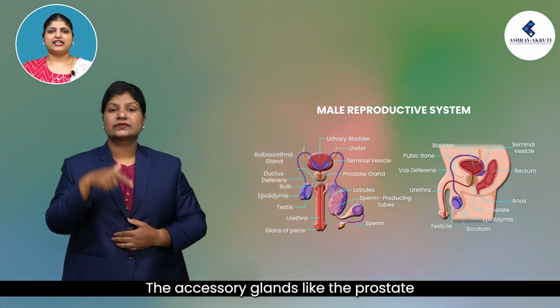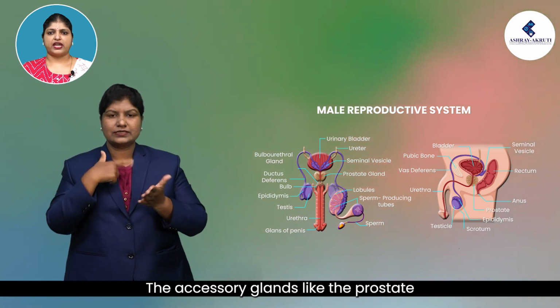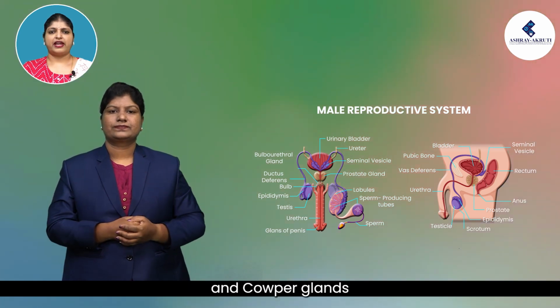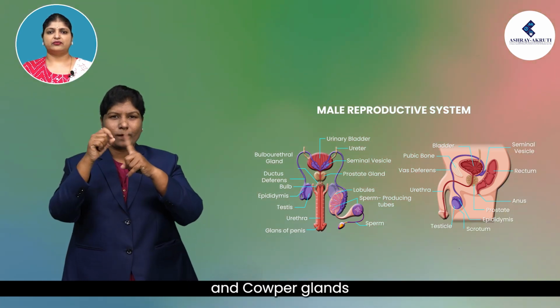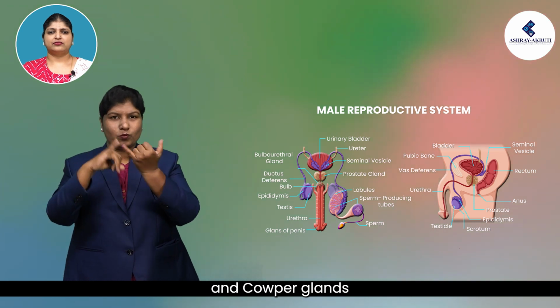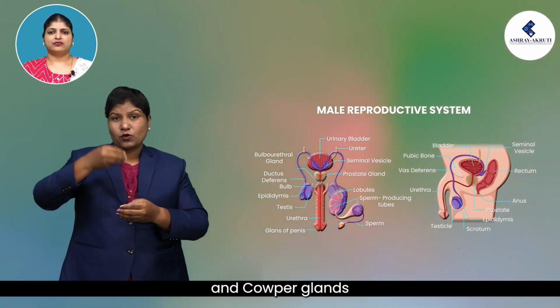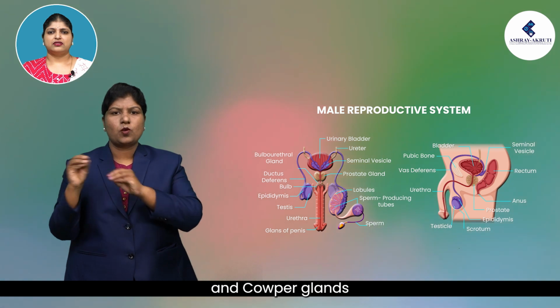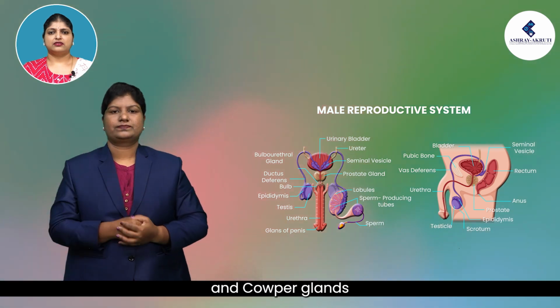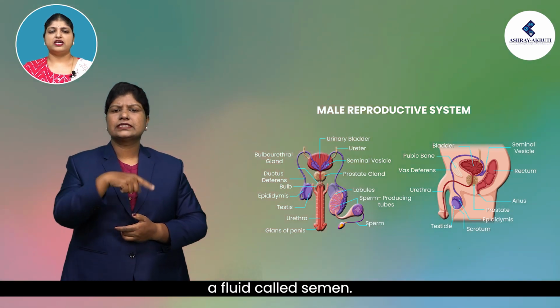The accessory glands like the prostate and Cowper glands secrete a fluid called semen.